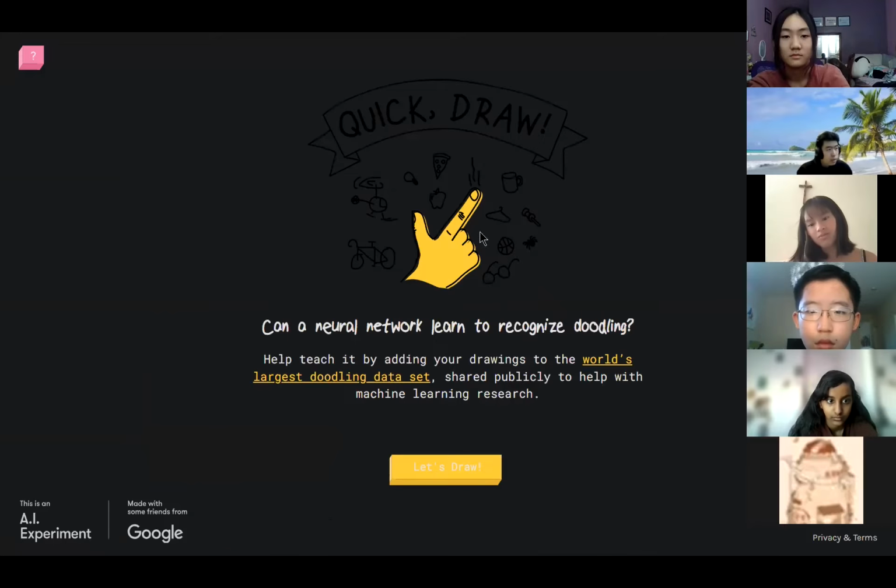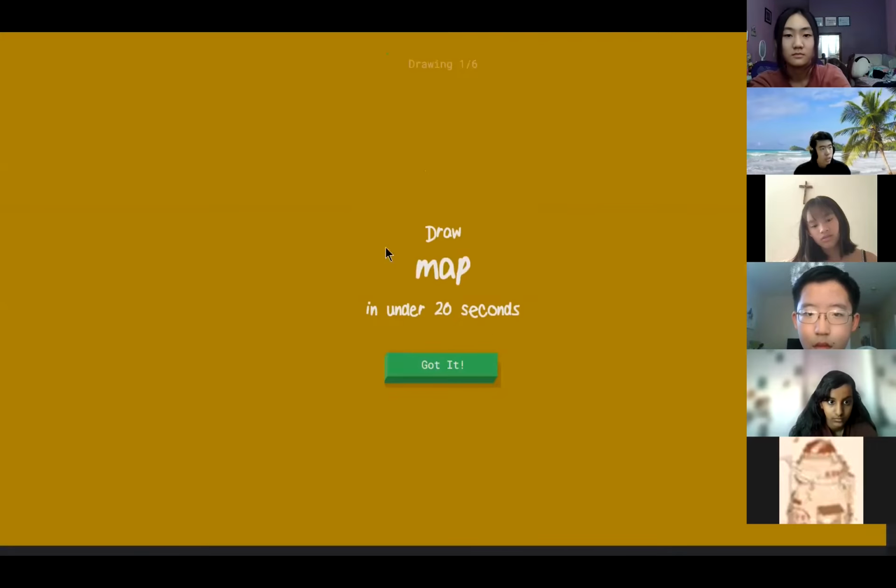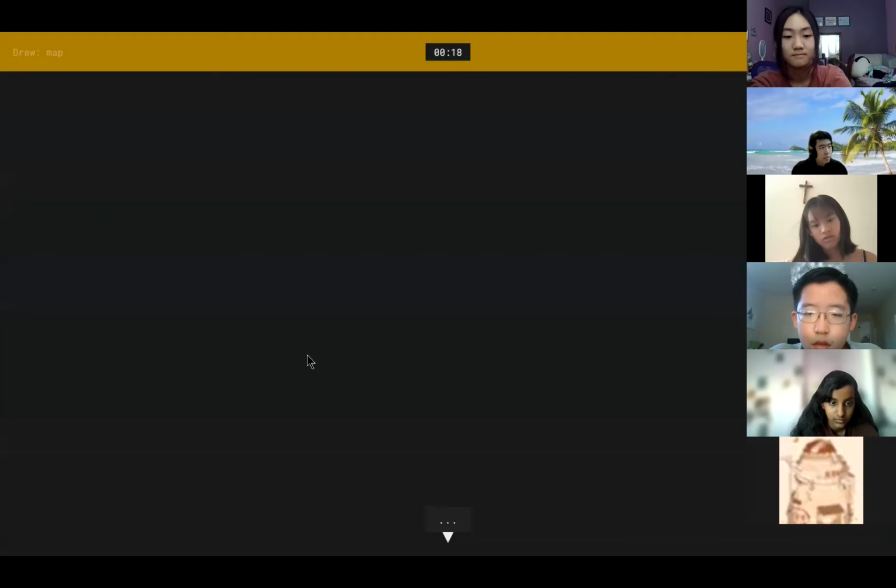QuickDraw is a neural network that can recognize drawings. If I click Let's Draw, it wants me to draw a map in under 20 seconds. As I draw this map, the computer is going to try to guess what I'm drawing, and we'll see exactly what it's thinking.